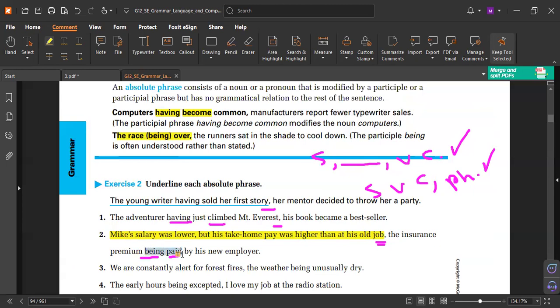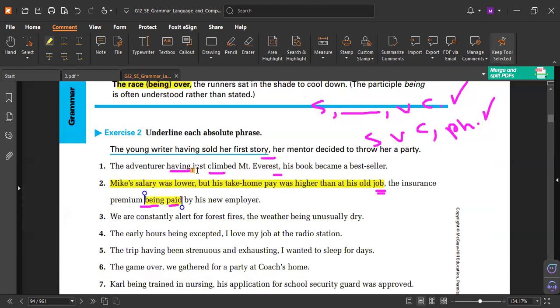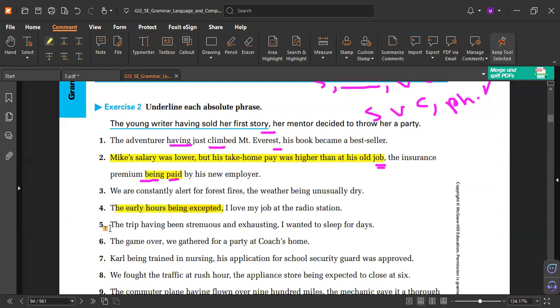Being plus past participle, having plus past participle is called an indicator, an indication to help you know what is the phrase. Again, look, being: all of it is the phrase. Look, exhausting, again all of it is the phrase. Remember.